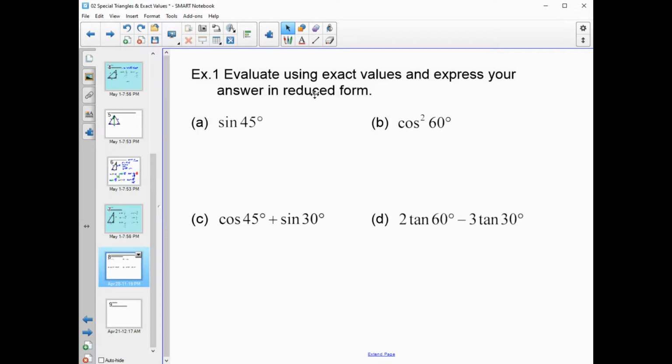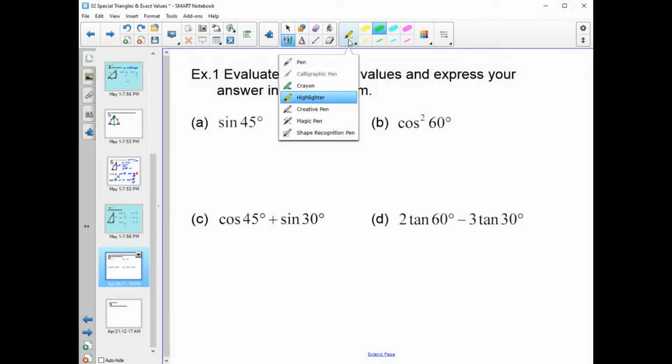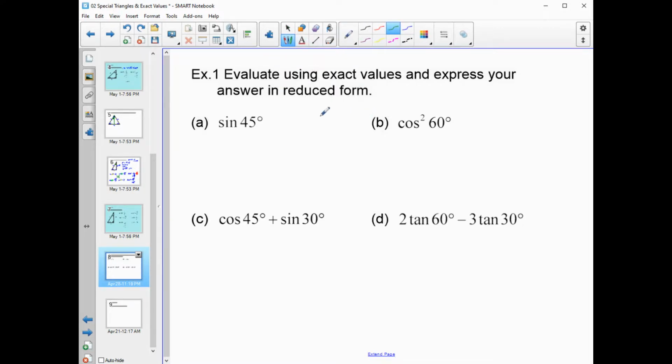Now, in some cases, that instruction is not necessary, but in other cases, we will need to do a little bit more work. I'm just going to, over on the side here, remind us of both of our special triangles. So 45 degrees, 1, 1, root 2.